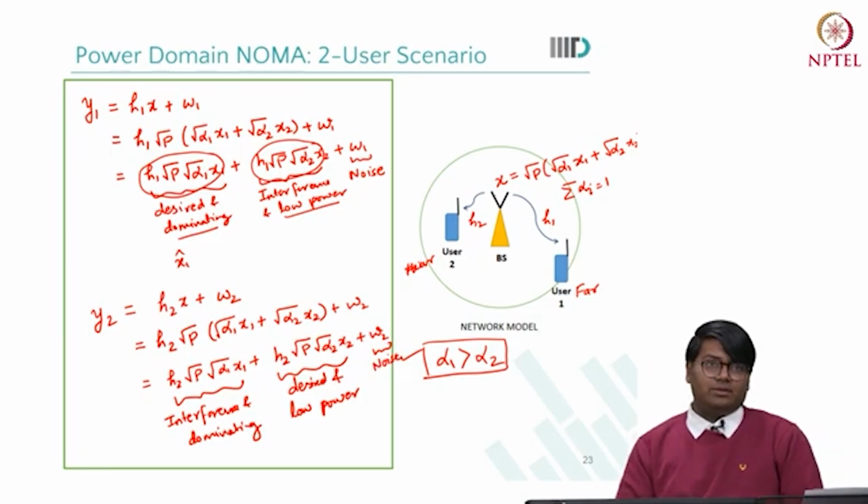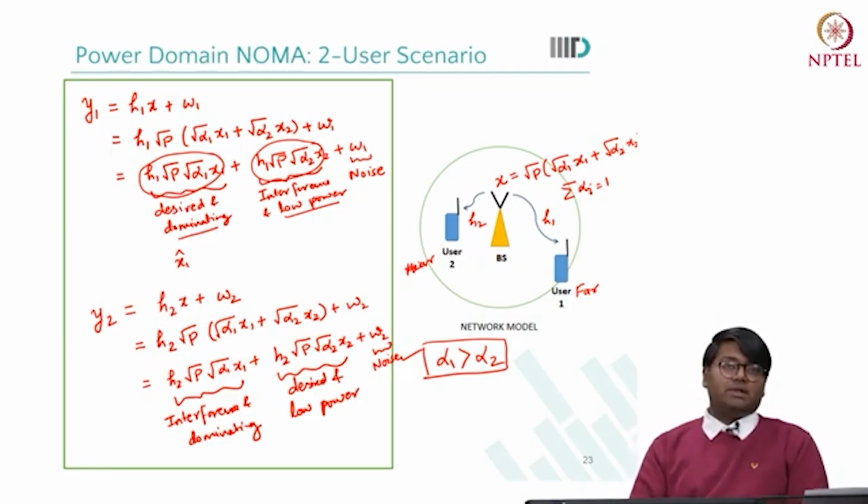So what we can conclude here is that user 2 must perform what we call successive interference cancellation, SIC decoding. Before decoding its own signal, user 2, the near user, has to perform SIC decoding, and this successive interference cancellation is carried out as follows.